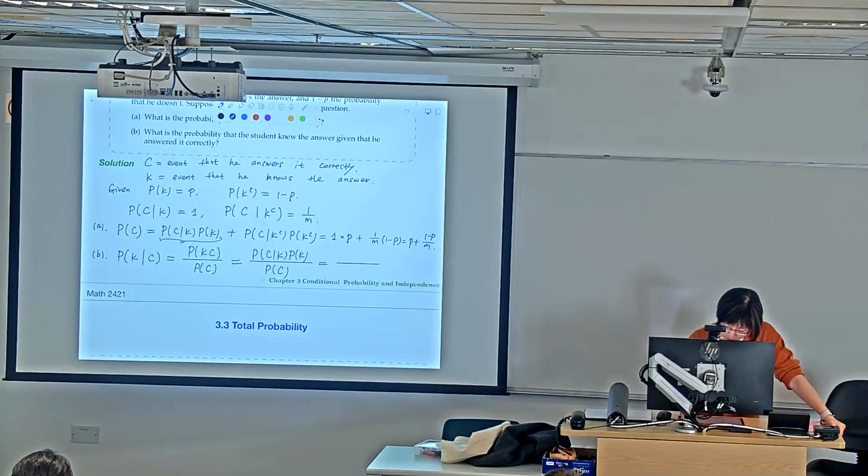The numerator is simply 1 times P, which is P. And the denominator is the probability of C we computed in part A.